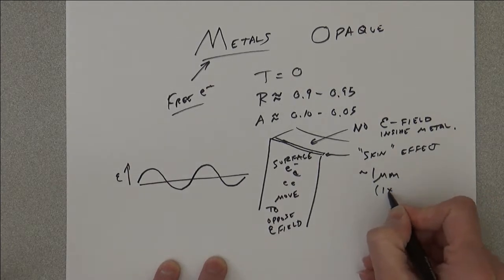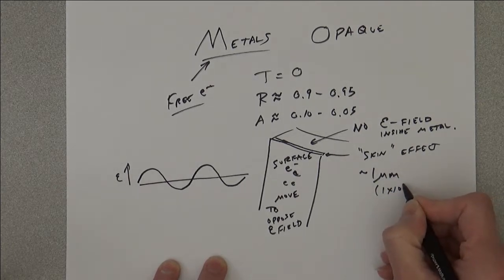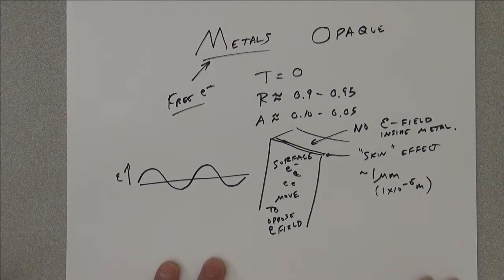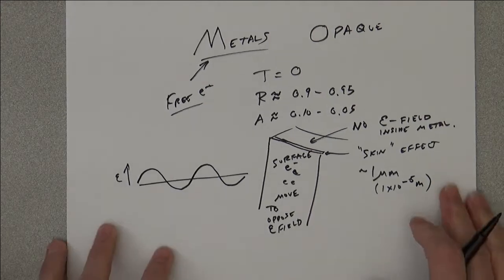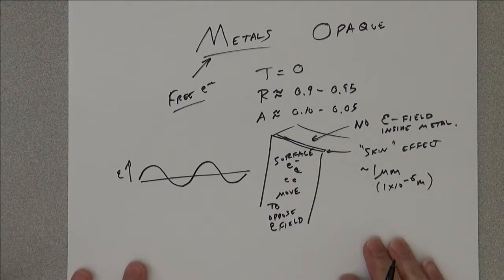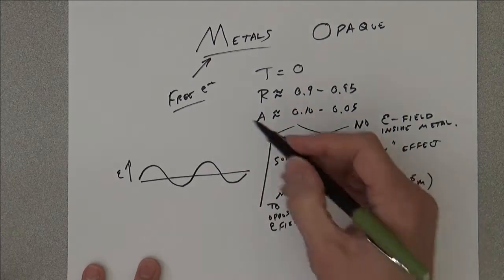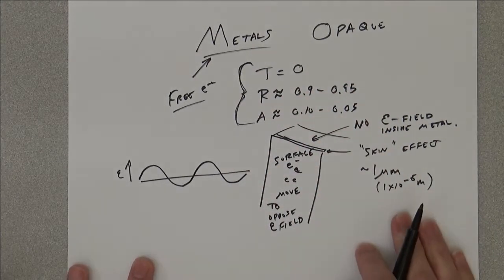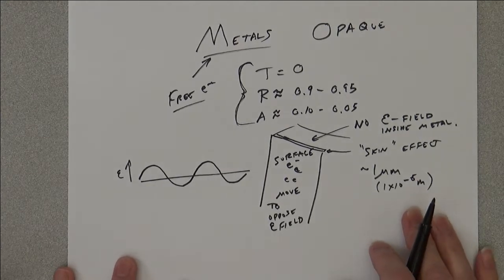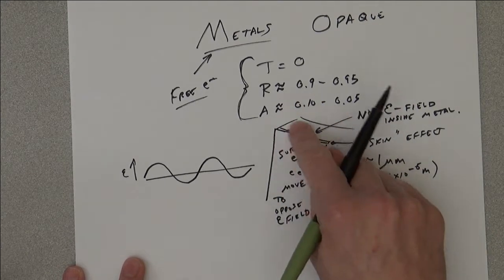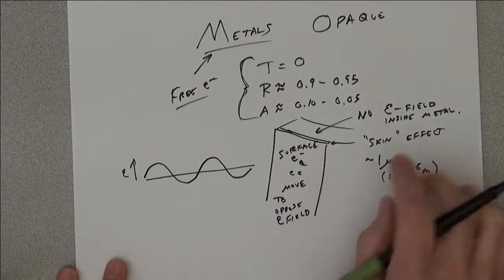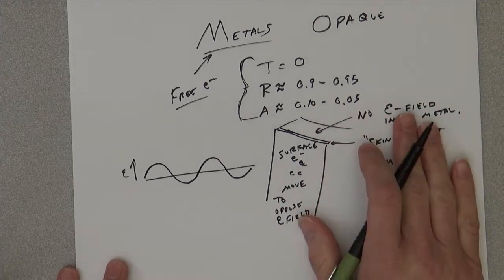That's 1 times 10 to the minus 6 meters. And to a certain extent, this means that the optical properties of metals are fairly set. It's worth noting, though, that the behavior of the skin effect does depend on the particular metal you're looking at.